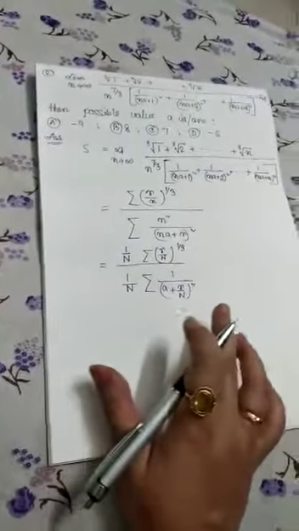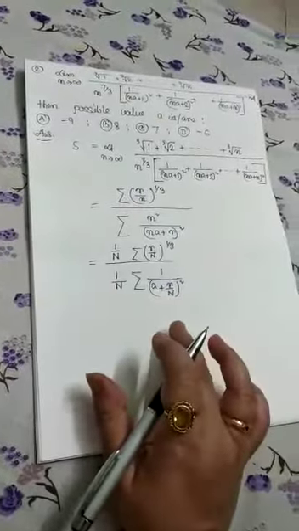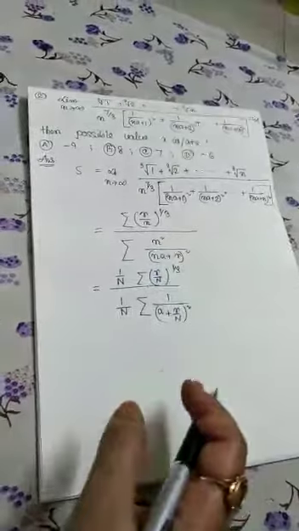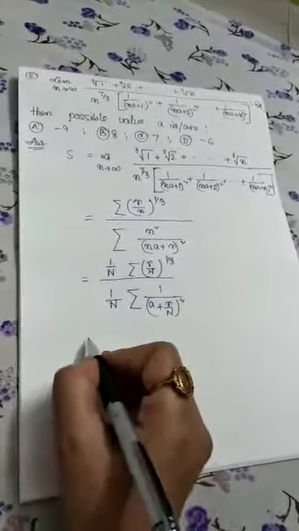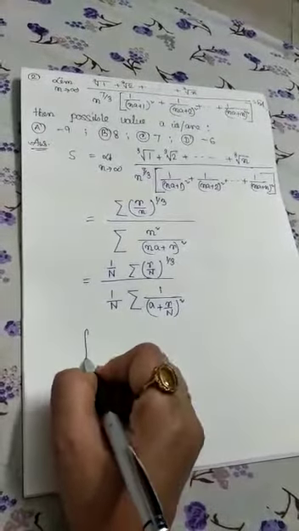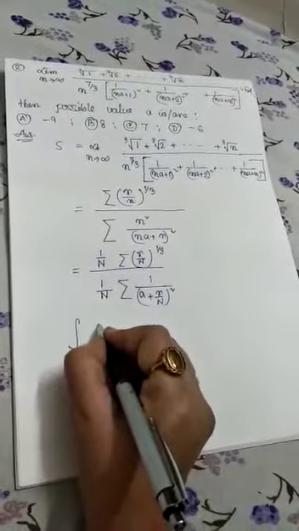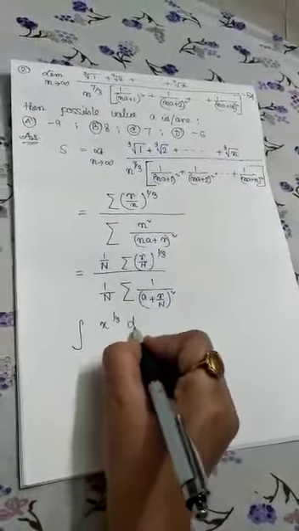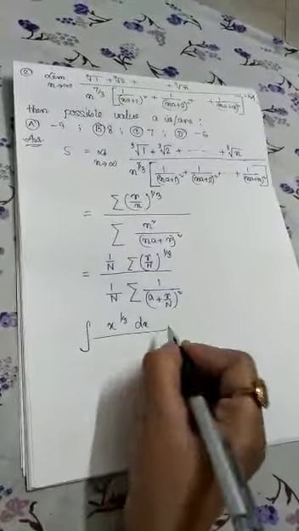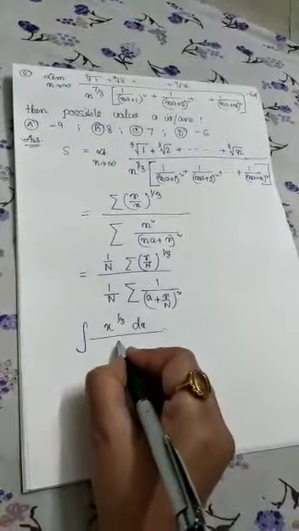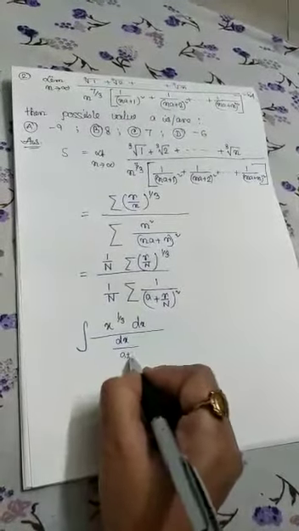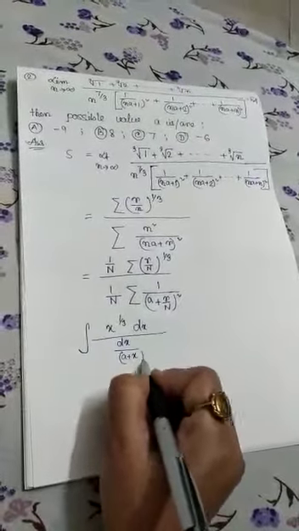This can be converted into integrals. We get integration of x to the power 1 by 3 dx, times integration of dx by (a plus x) whole square.